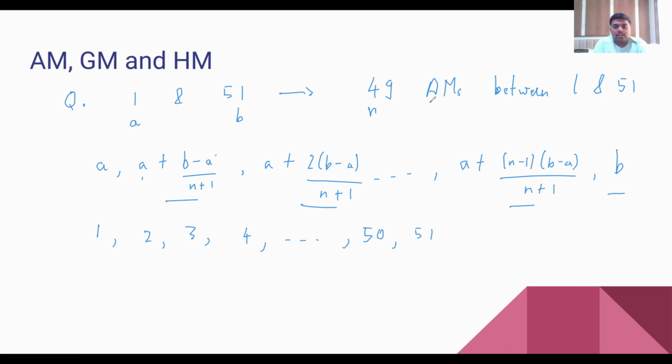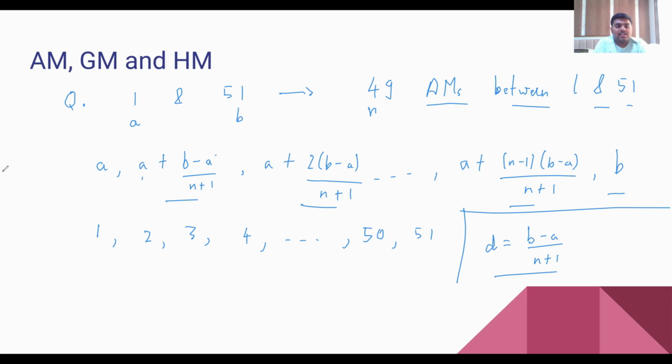Now, one thing you can notice here is that the common difference D is equal to (B minus A) divided by (n plus 1). So this is one of the implications of arithmetic means, wherein if you are asked 49 arithmetic means, or n arithmetic means, between two numbers A and B, you can do this.